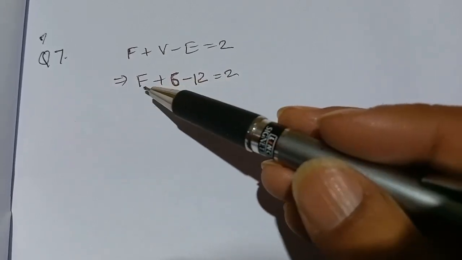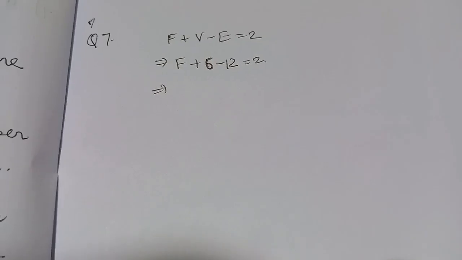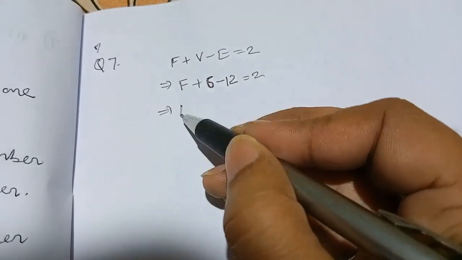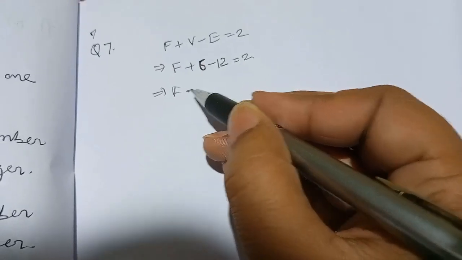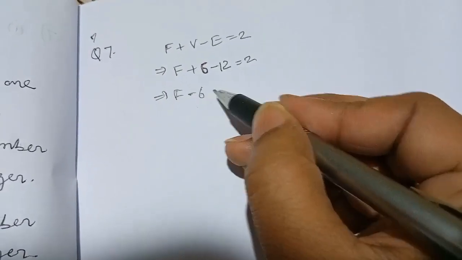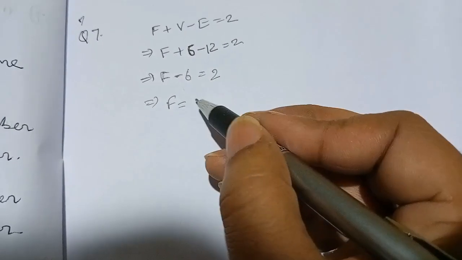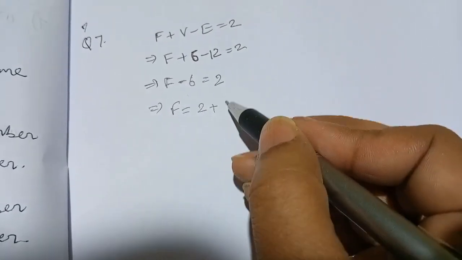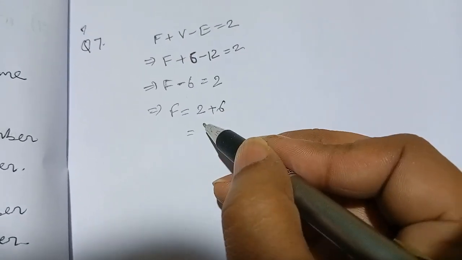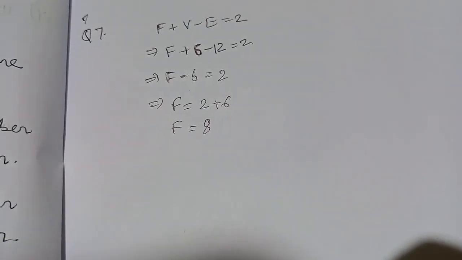You have to find the value of f, that means face. So here f plus 6 minus 12 is minus 6 equal to 2. So f equal to, this minus 6 will go to this side. So 2 plus 6, it is 8. So the face has come 8. Understood? So this is the way of doing the question.